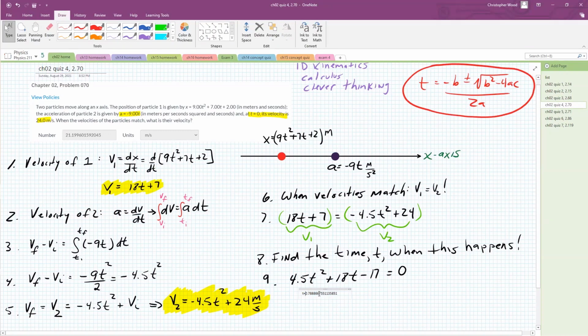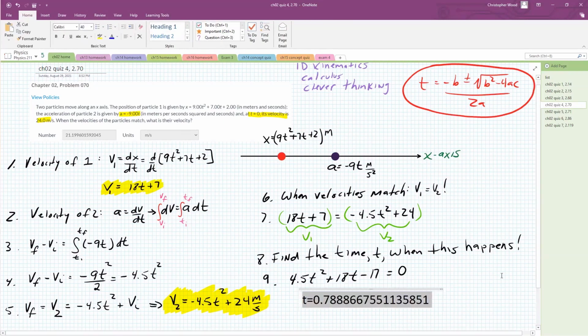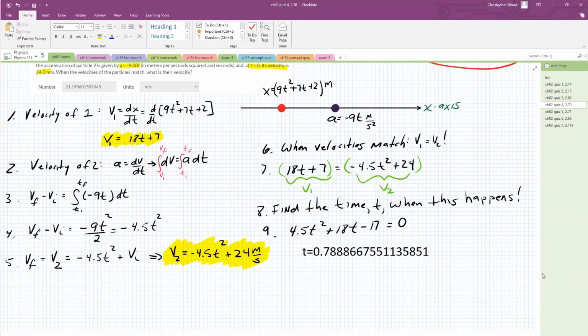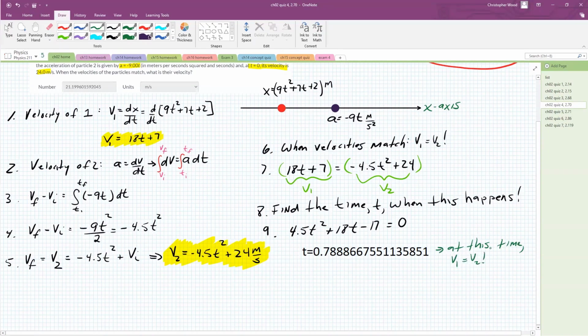T equals, let me make that easier to read. There, right there. So I know at this time the velocities equal 0. So I'll make that note. At this time, V1 equals V2.